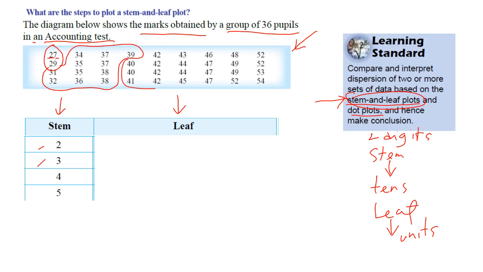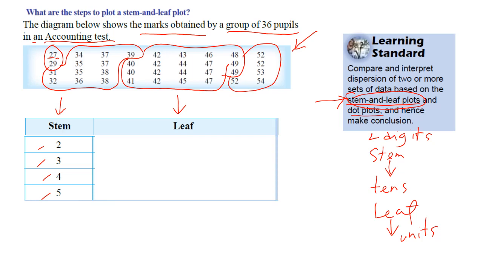For the 40s, you write 4. And for the 50s, you write 5. Then you write the leaf. The leaf is the units digit. So for 27, the unit digit is 7. And 9, you just write like that, no comma.